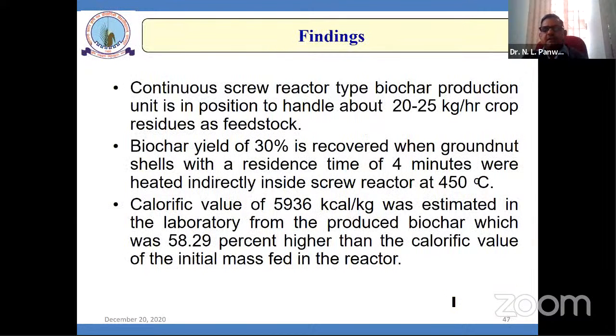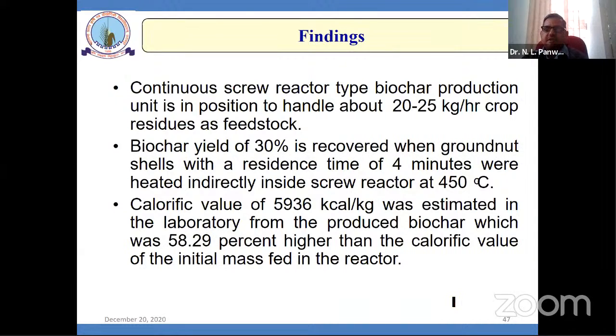So what we find is that our developed technology, which is screw type, auger type, for biochar production is a continuous mode, and it handles 20 to 25 kg of crop residue per hour, at the optimum yield and residence time we are achieving. Theoretically, any kind of biomass usually contains 70% volatile and 30% fixed carbon.